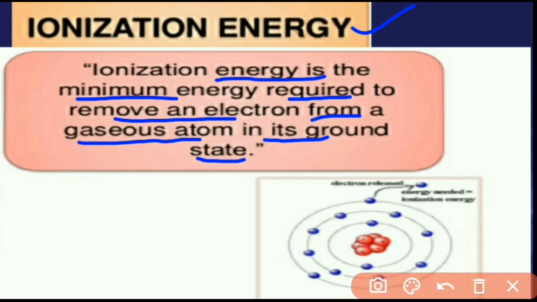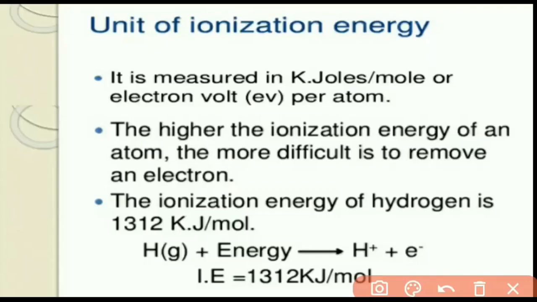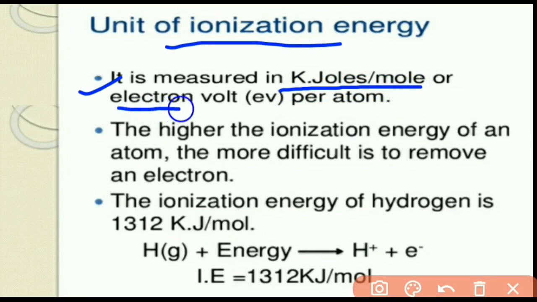See the picture here. From the valence shell, remove one electron, and the energy required for removing one electron we call ionization energy. Unit of ionization energy is measured in kilojoule per mole or electron volt per atom.